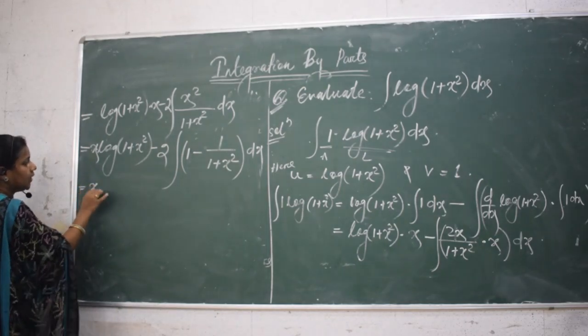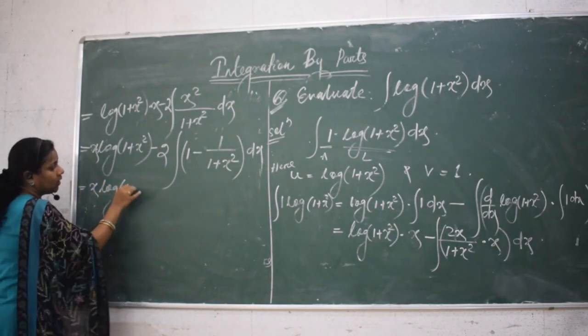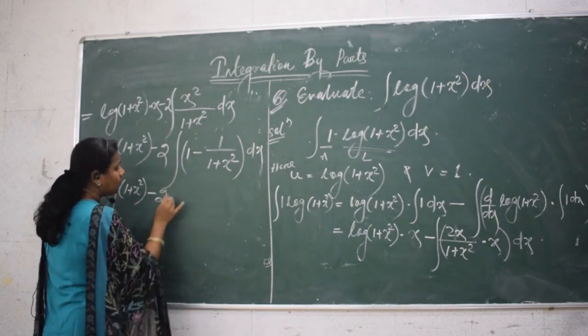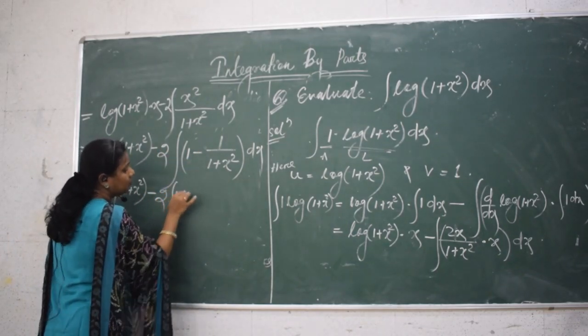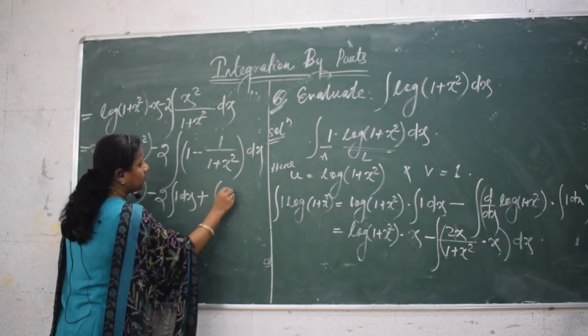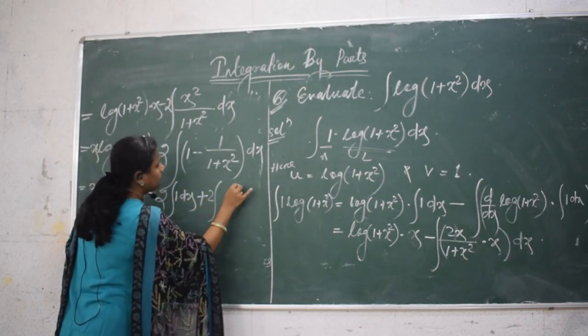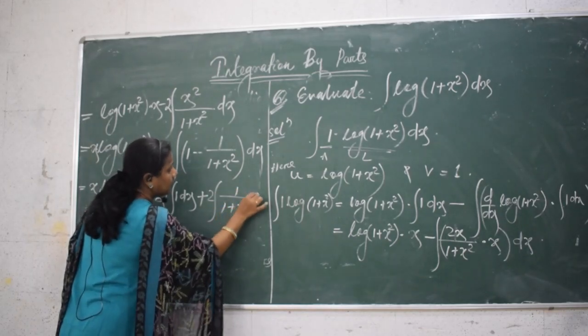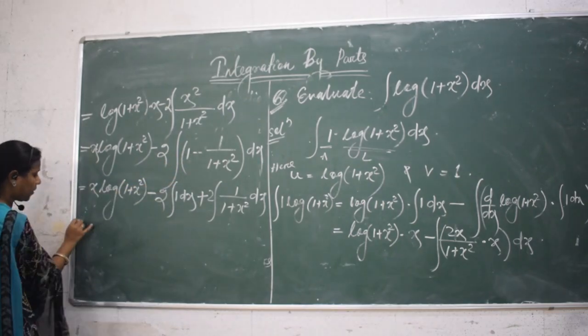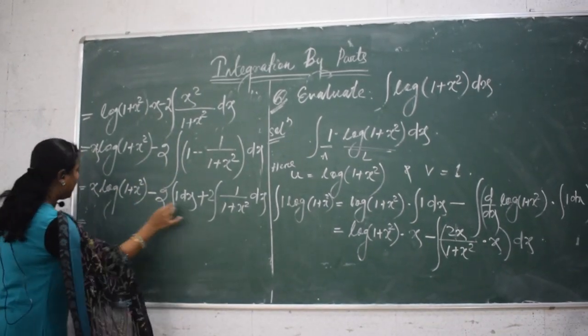So here x log of 1 plus x square minus 2. I can open the bracket: integral of 1 dx, and the minus sign is there. If I open this bracket, it becomes plus 1 by 1 plus x square. So here how to do the integration?